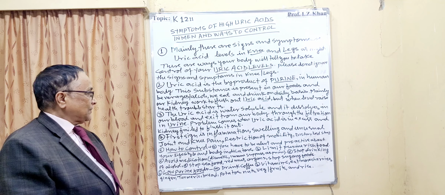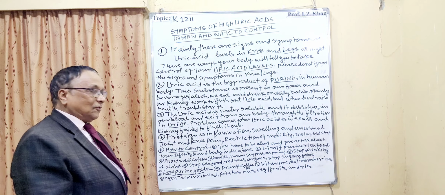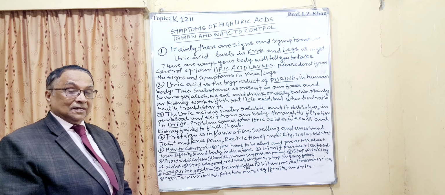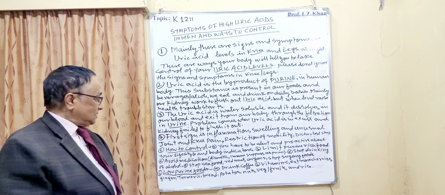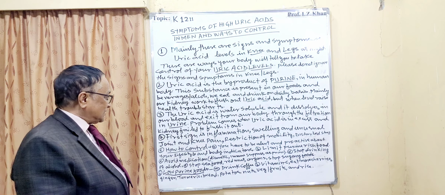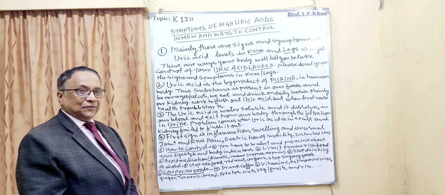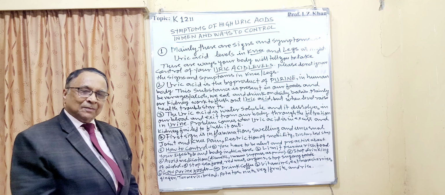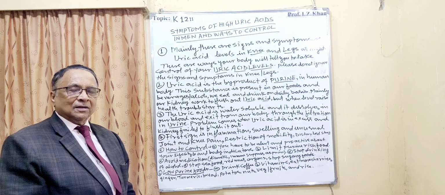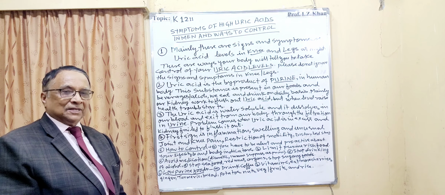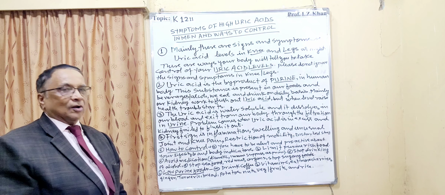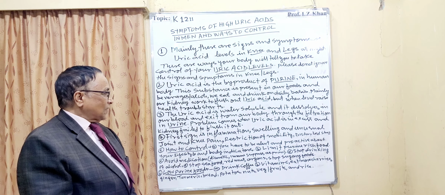Then D, stop drinking alcohol. I have already told you the role of alcohol, how bad it is. Then E, stop seafood. Seafood and animal organs like kidney and liver are very rich sources of purine. Once you have the tendency, immediately stop all these foods.